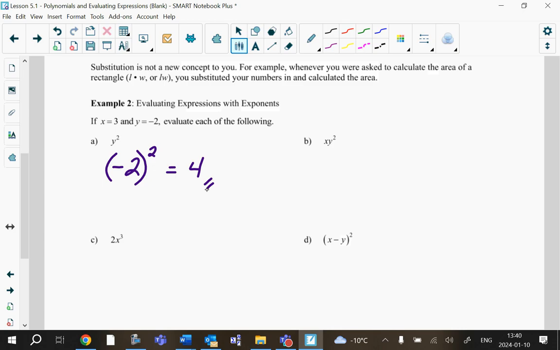What does B look like? Somebody tell me what to write. Like that? Put parentheses around the 3. Put parentheses around the -2. Exactly, because there's a big difference between those two.